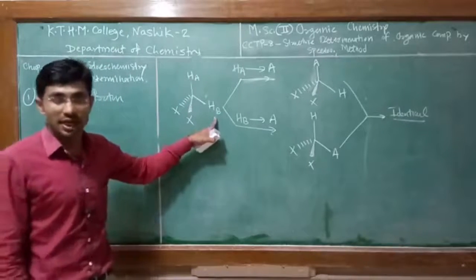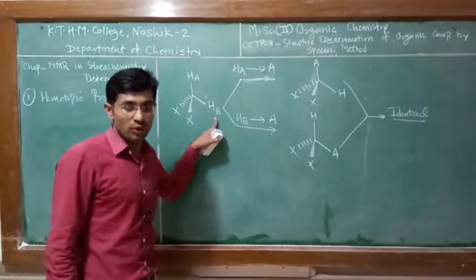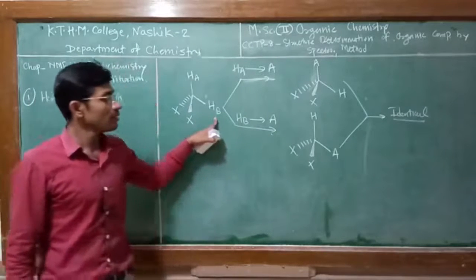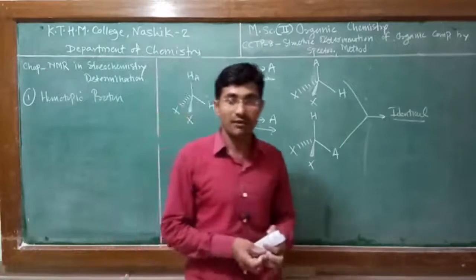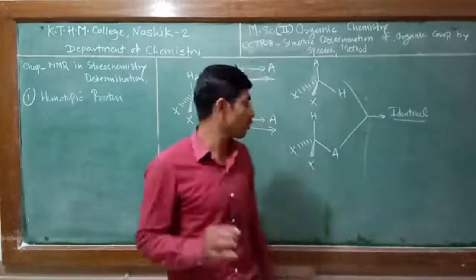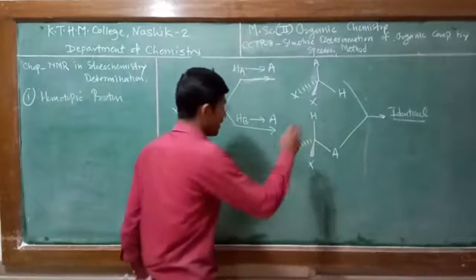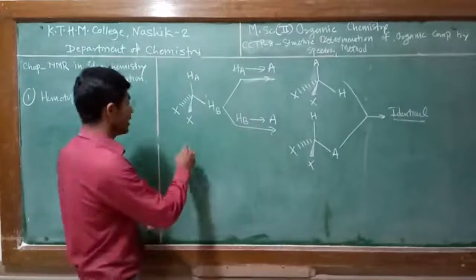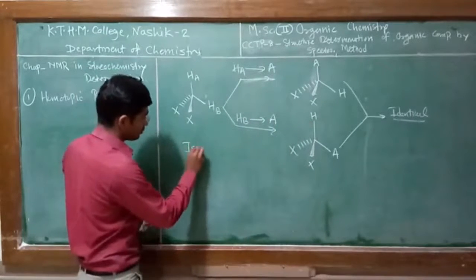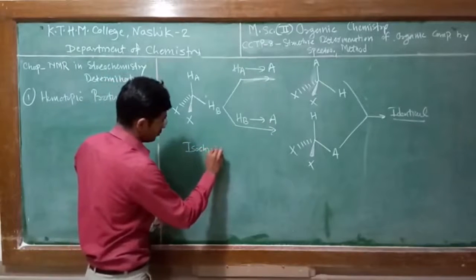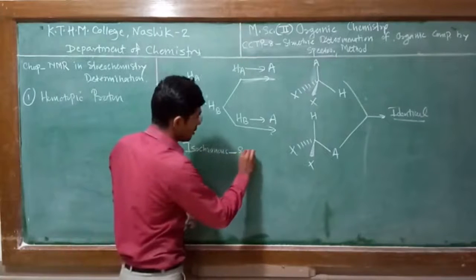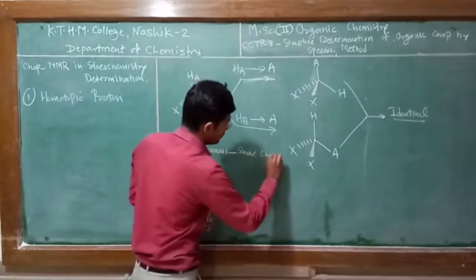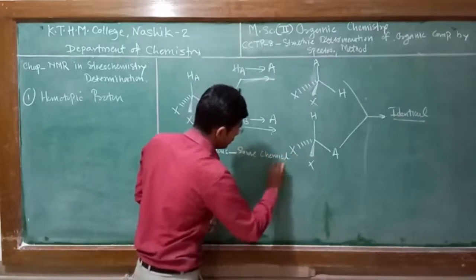They are equivalent. So in 1H NMR, when this kind of homotopic proton is present, they are equivalent and isochronous. Isochronous means they have the same chemical shift.